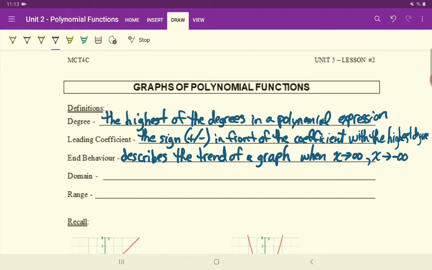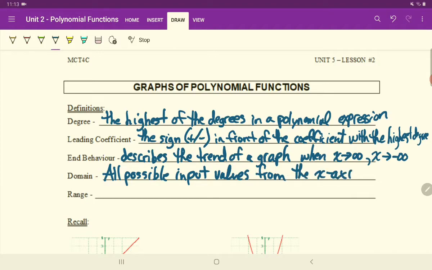The domain, of course, is all possible input values from the x-axis. So all the possible x values we can use in a function.